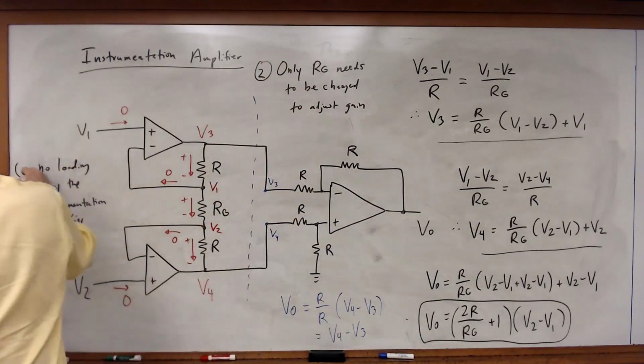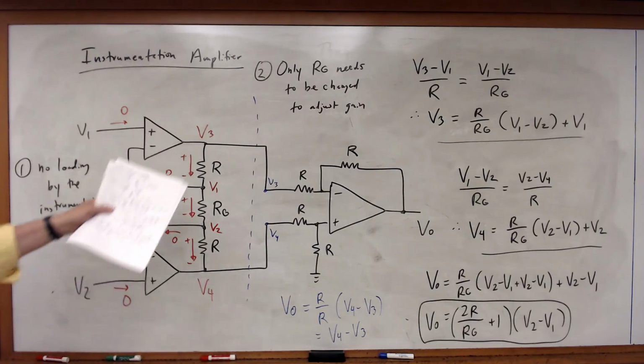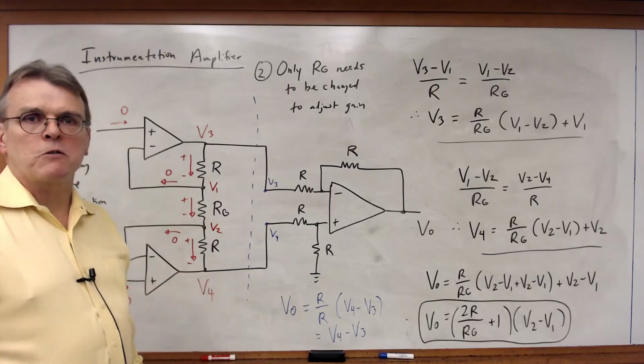So, two big advantages now compared to what we had before. No more loading effect, and now I can adjust the gain by changing the value of a single resistor.